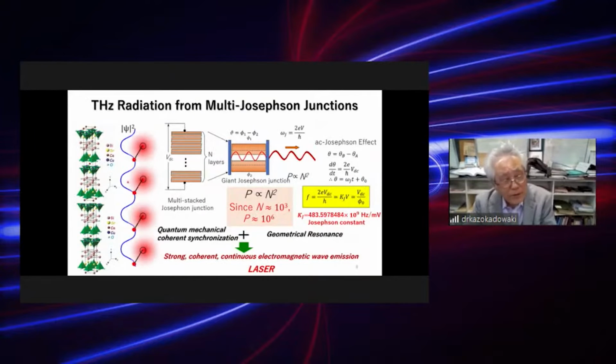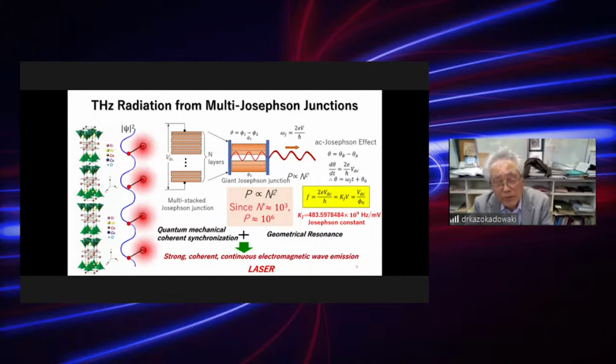So this is connected in series along the c axis, so we think that this single crystal with a number of junctions looks like that, and the stacking of those layers can be considered as a giant single cross-section junction.